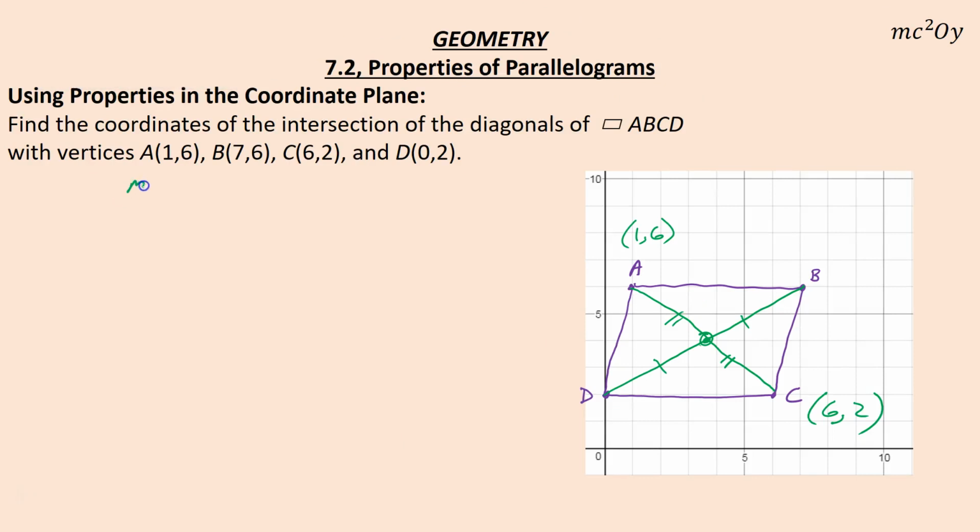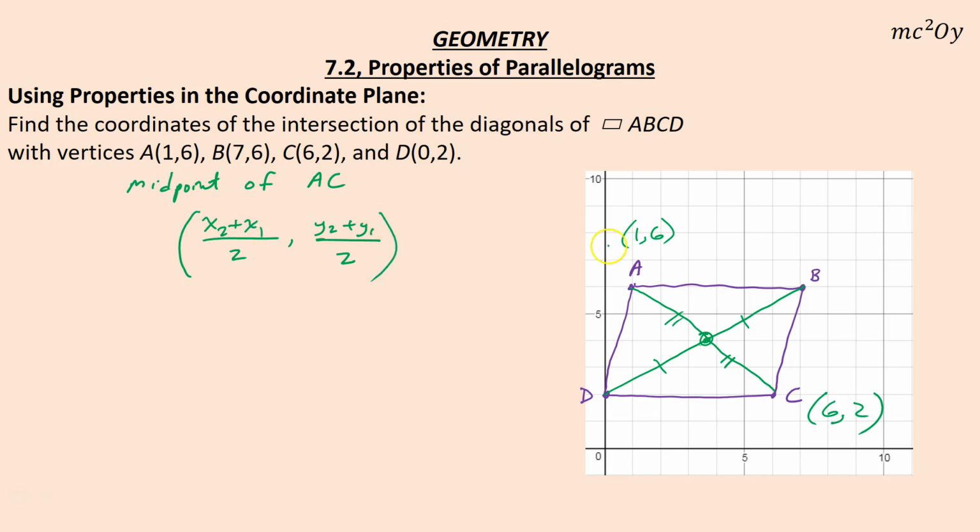There we go. So the midpoint of AC would be, well, we remember the midpoint formula, that's x1 plus x2, or x2 plus x1, doesn't matter the order, divided by 2, and then y2 plus y1 divided by 2. Just so you know, the textbooks are going to put the 2's first, so 2 and then 1.